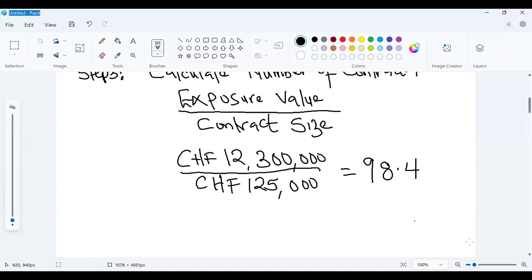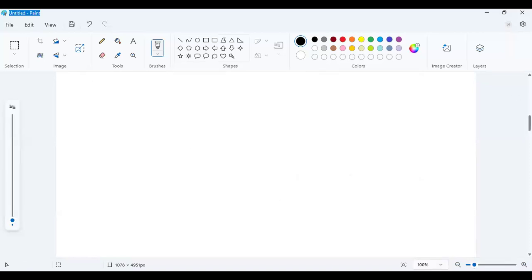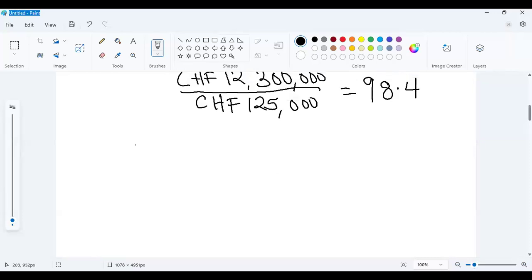Under the traded futures, we can only accommodate whole numbers. So you are going to take 98 futures contracts. That means we have some fractions not covered under futures contracts.